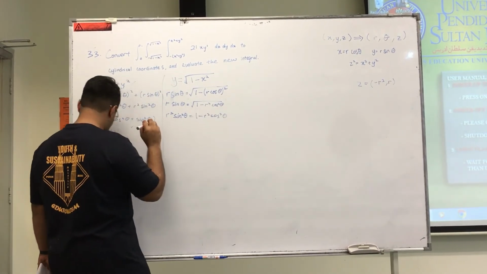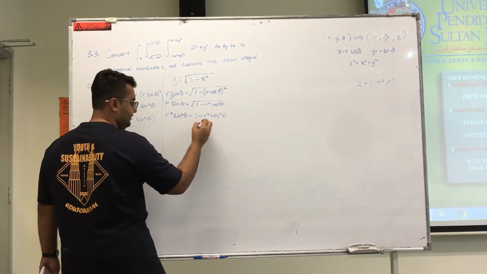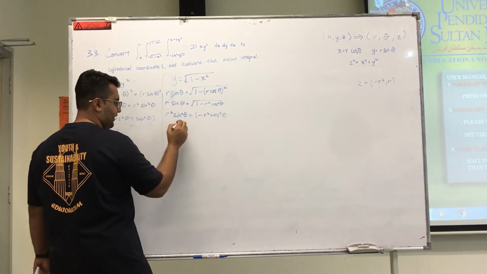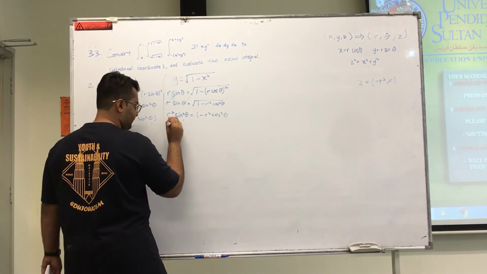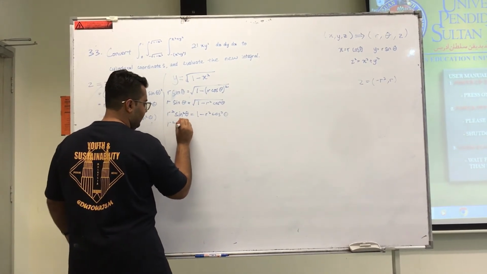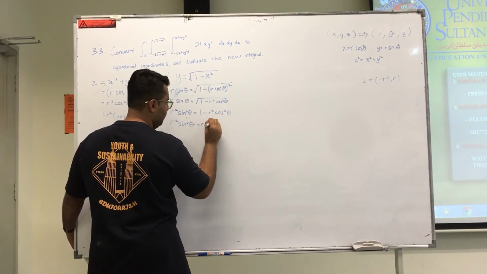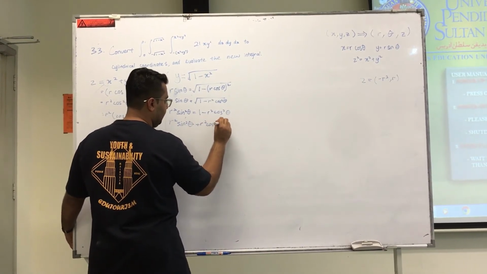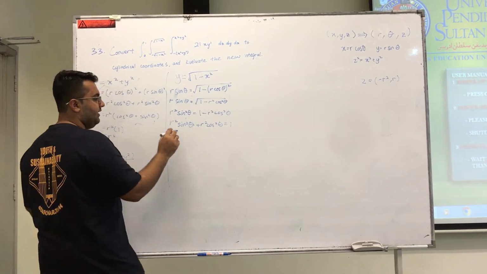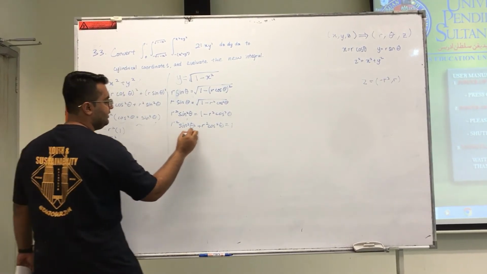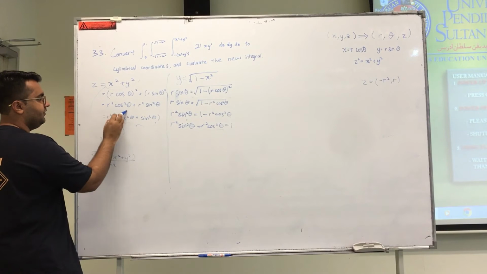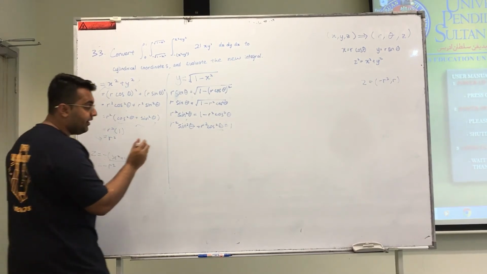We bring this to the left side: r squared sin squared theta plus r squared cos squared theta is equivalent to 1. Here, as you can see, this is the same as before, so it's equivalent to r squared.